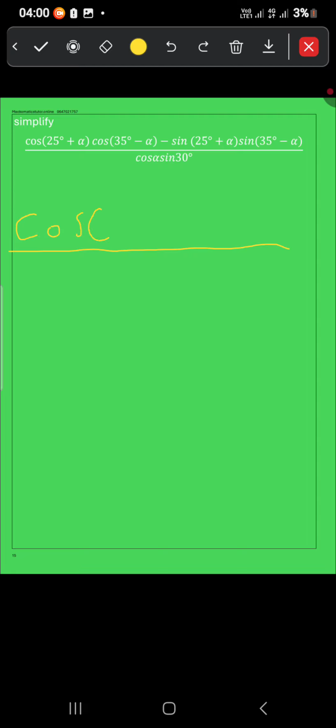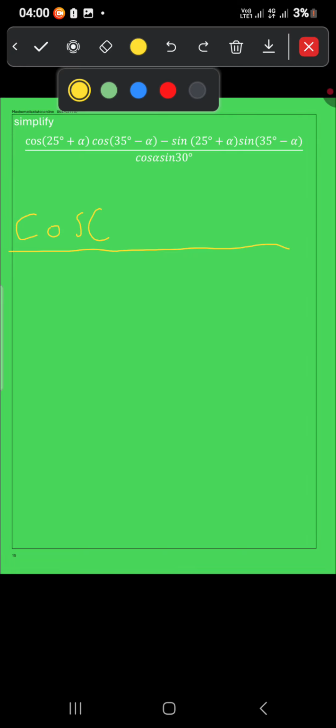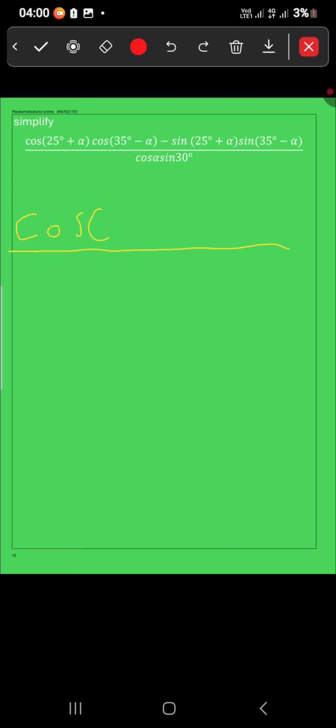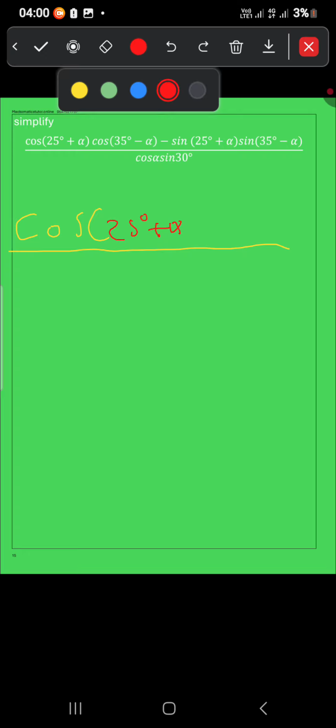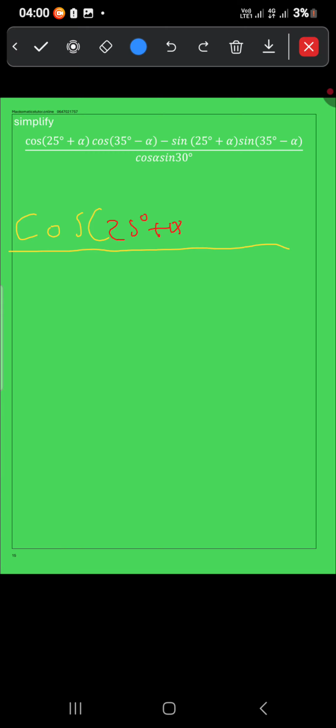This is cos of what? Of the first angle, which is 25 plus alpha. Then the second angle is 35 minus alpha. So this is the first angle and this is the second angle.